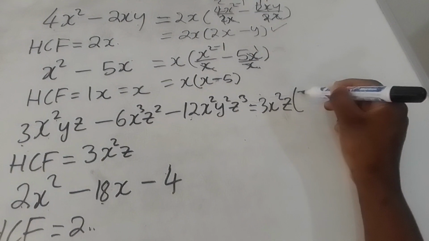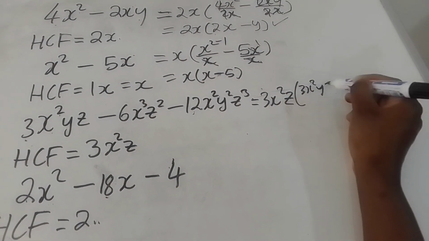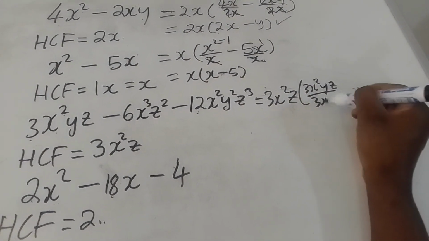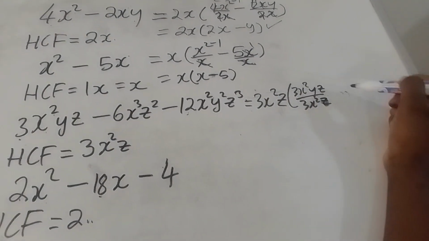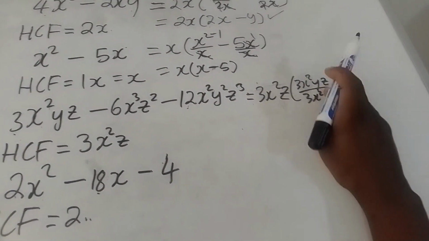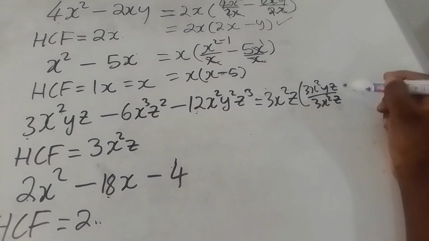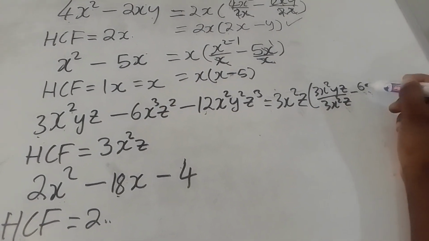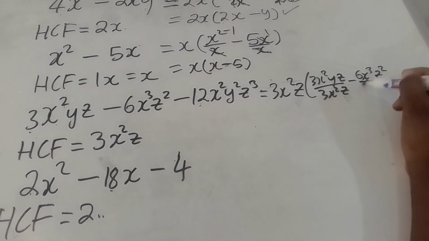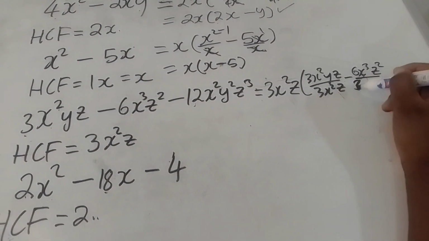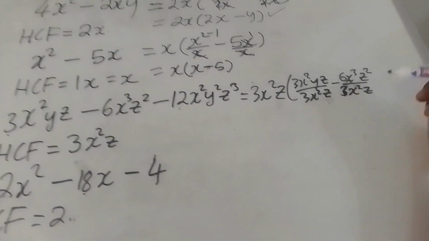When you have this, you're going to have 3x squared yz divided by 3x squared z, which is your highest common factor, minus 6x cubed z squared divided by 3x squared z.